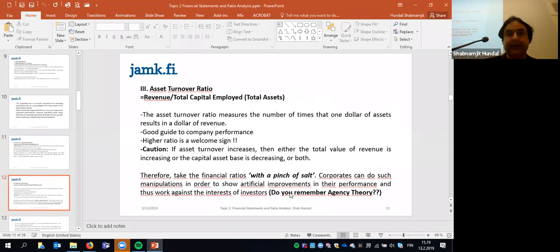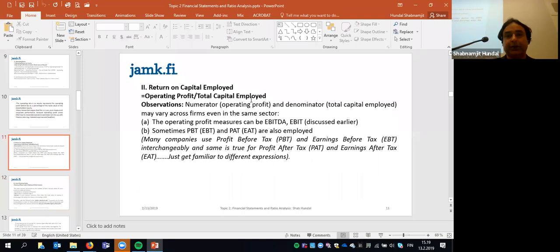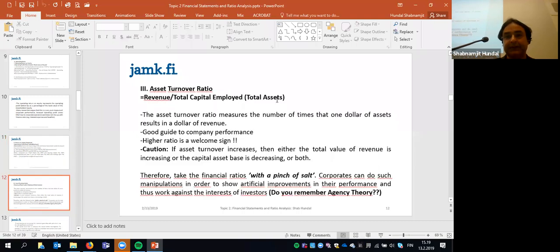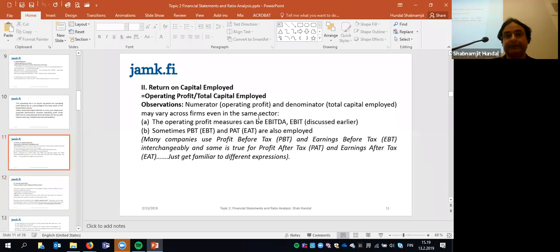Maybe in the next ratio I said it, but I should have said here also that total capital employed is total assets. Higher the ratio, better it is. If over time the return on total capital employed is getting better, it's good news.